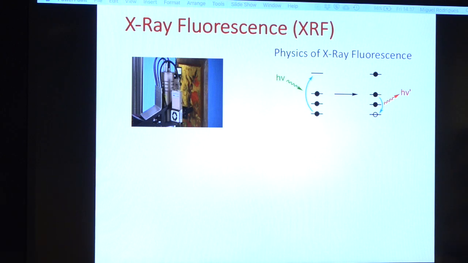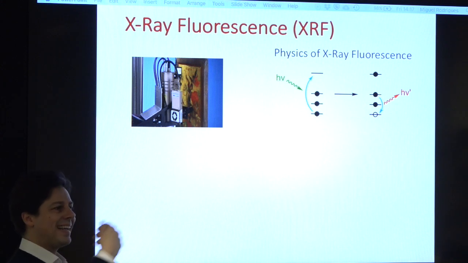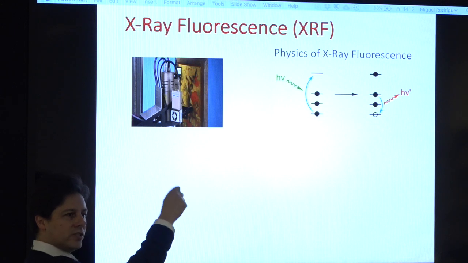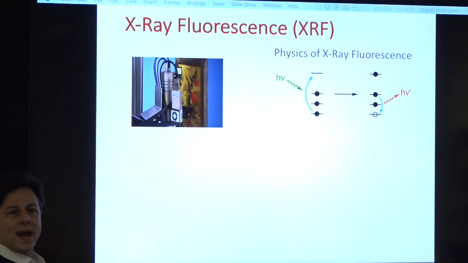And when this is hit by an X-ray, you will cause electrons in the different atoms to go from a low energy level to a high energy level. Eventually, these electrons are going to come back to the low energy level, and that process will entail generation of a photon.